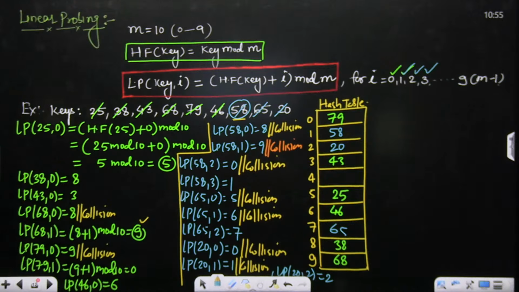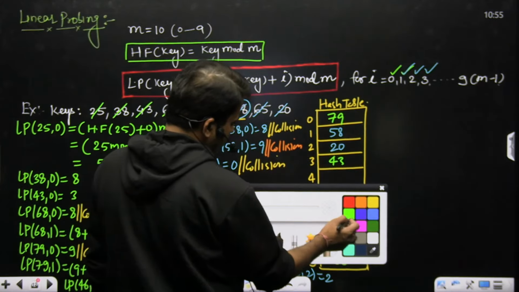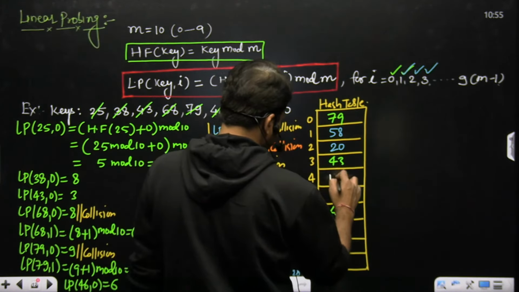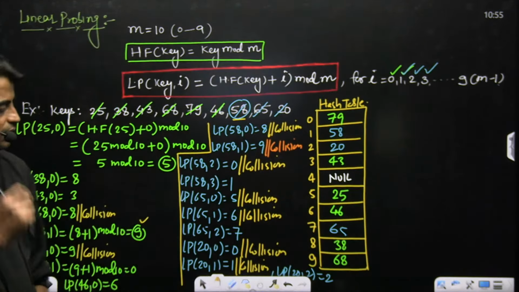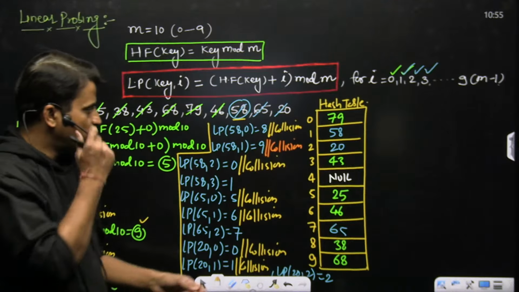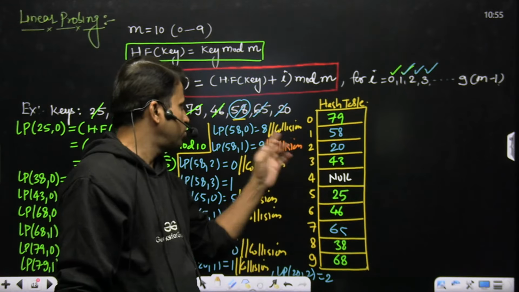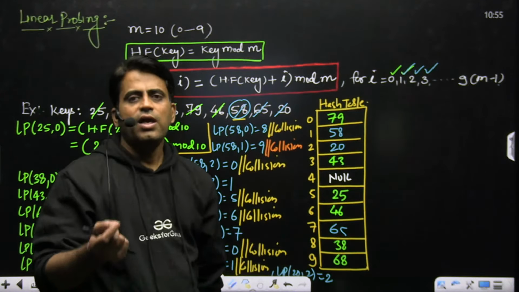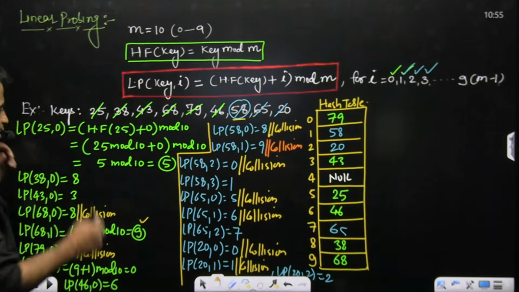So in this way, you can insert all the data inside the hash table using linear probing, and the rest of the remaining entries contain null. So this blank entry contains null. So this is the hash table, student. Okay. So first question, what is the hash index of 20? So 20 is stored at 2. Yeah, 58 is stored at 1. And how many total number of collisions occur, student? In this entire process, how many collisions occur, student?